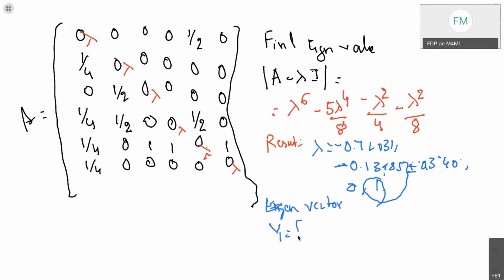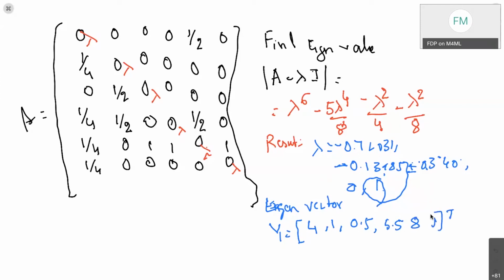Upon solving this, we'll get a vector as 1, 4, 1, 0.5, 5.5, 8, and 1, which is a transpose of this, right?